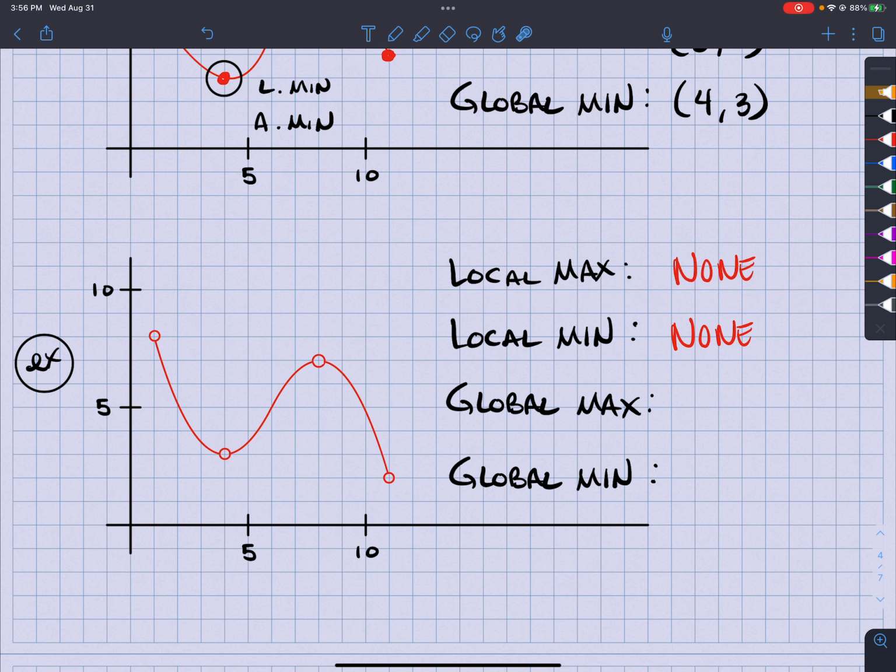Now, because I have open circles at the end, there's not really a max or a min there either. So there's no real global max or global min or absolute max or absolute min either. So that becomes an issue there.